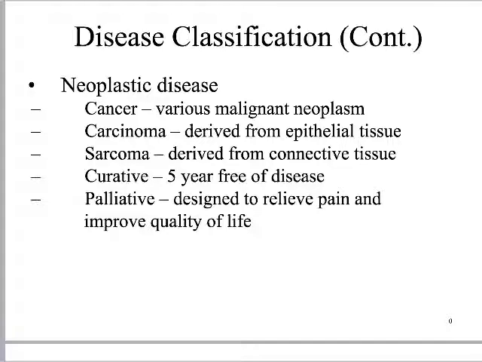When we talk about neoplastic diseases, again, the word cancer just means various malignant neoplasms. So generally cancer is not used with the word benign, right? It's benign tumor, not benign cancer. Cancer in its general usage implies malignancy.